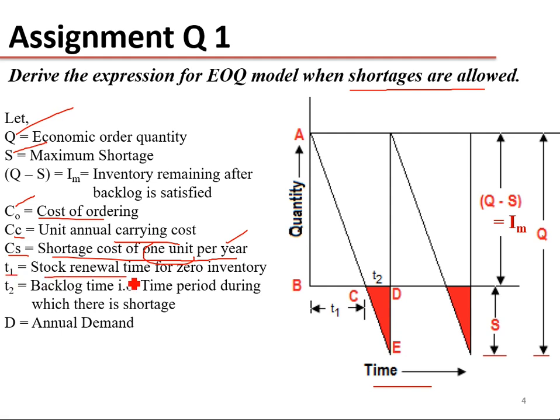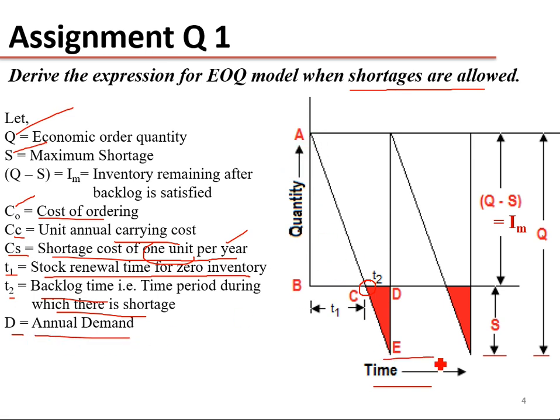T1 is the stock renewal time for zero inventory. That means over here the inventory is zero, so you need to renew the stock. T2 is the backlog time, or sometimes we call it the shortage time, the time period for which the shortage is there. Then D is the annual demand.